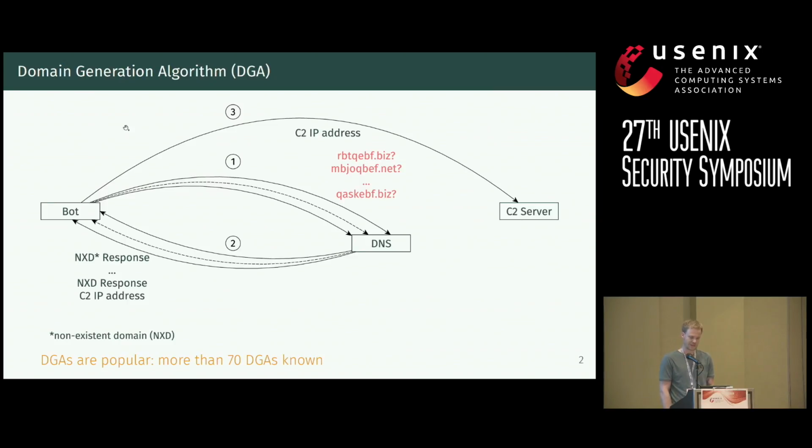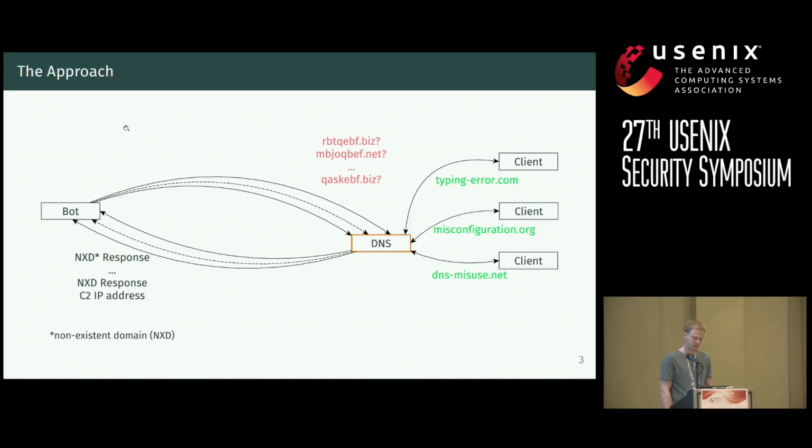As typically the botmaster only registers a small subset of the generated domains, the major part of these generated domains result in NXDomain responses by the DNS system. That's why it's a very good idea to take a closer look at this specific part of the DNS traffic to detect domain generation algorithm malware.